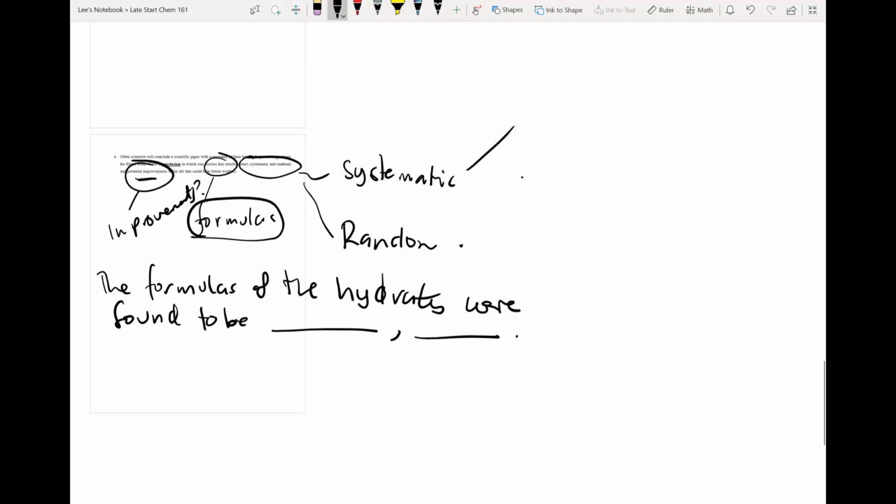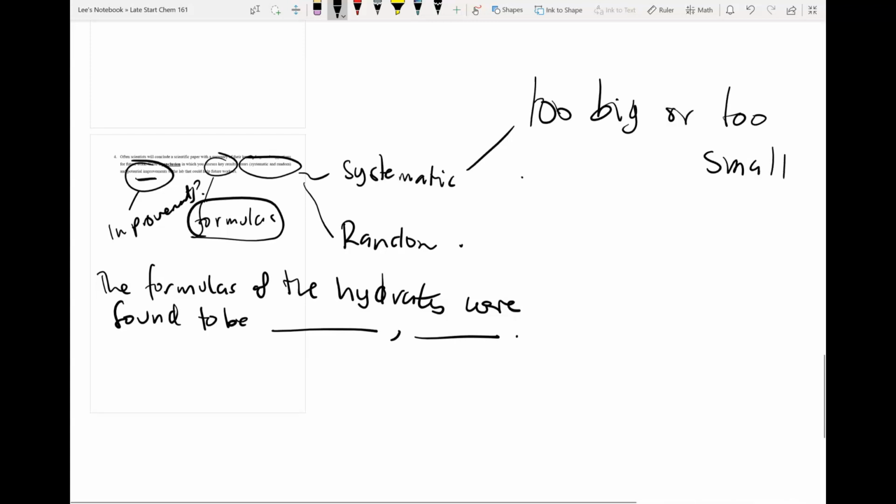So systematic errors, what are those? They are errors that cause everything to be too big or too small in a systematic way. So what do we mean by bigger than what or smaller than what? What we really want to be doing here is looking at accepted values. So you want to do a Google search for copper sulfate hydrate and see what the accepted values are, what most people report.